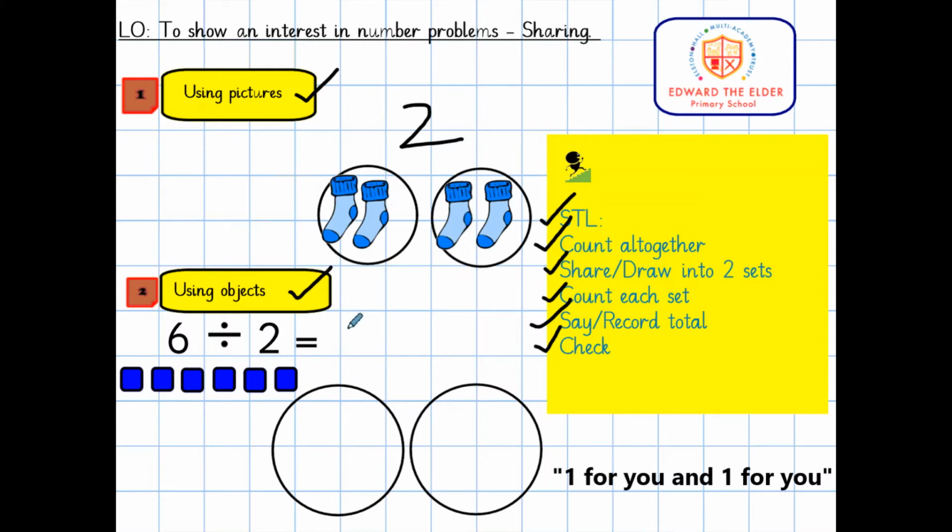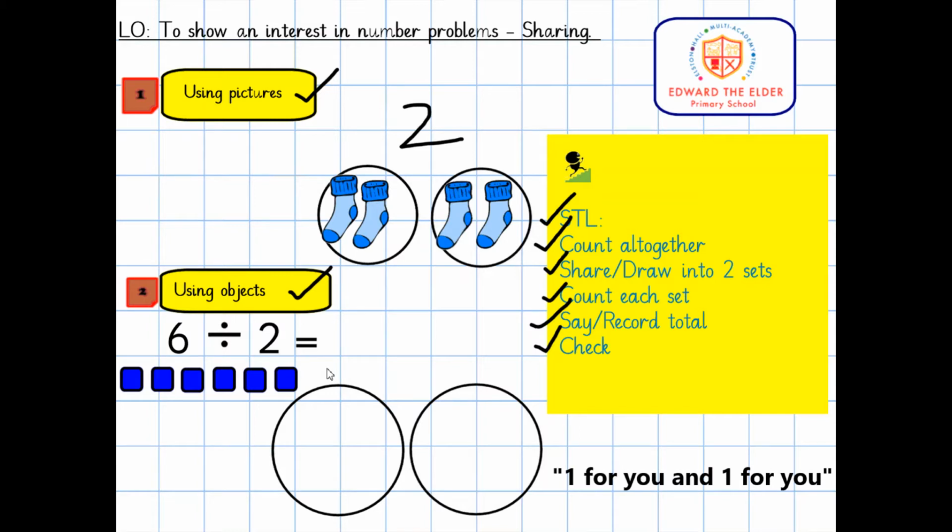We would then get the children to check this is correct by counting 1, 2. Number 2, using objects. Again, we would use the steps to learning to ensure we are teaching new methods in the correct order. We would encourage the children to touch the objects and we would identify how many objects we have all together. 1, 2, 3, 4, 5, 6.